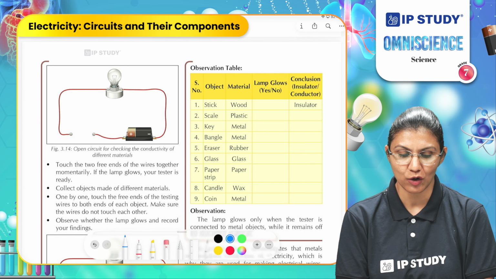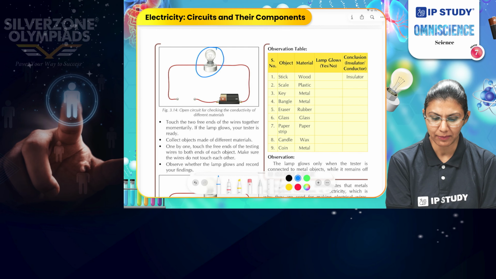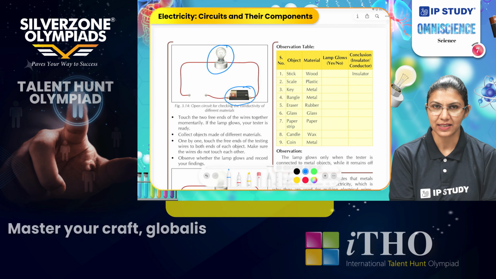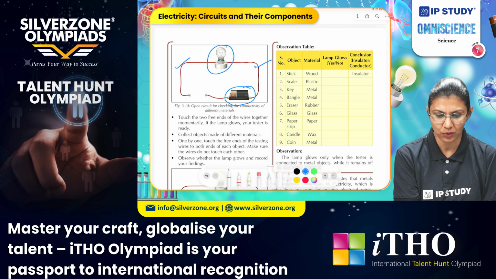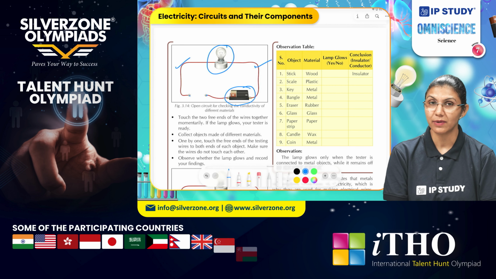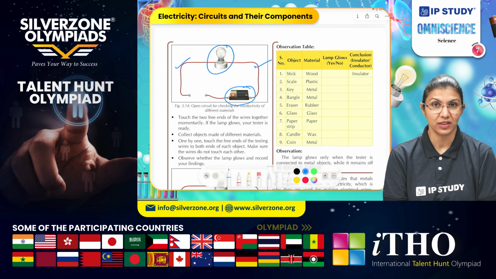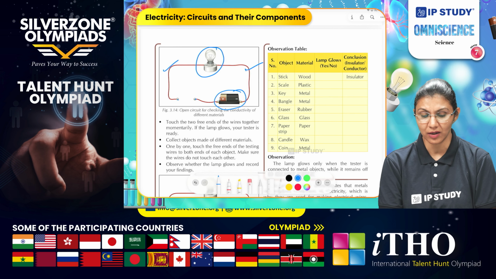What are the basic components here? The basic components are a lamp or bulb, a cell or battery, conducting wire and two terminals which will be connected to certain materials as a switch here to test whether they allow electricity to pass through them or not.